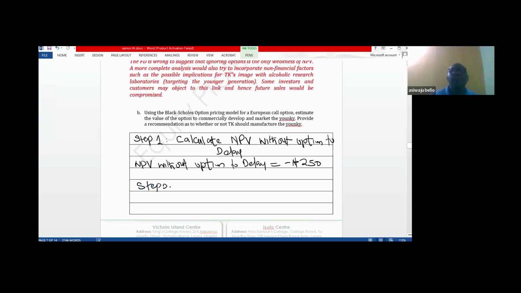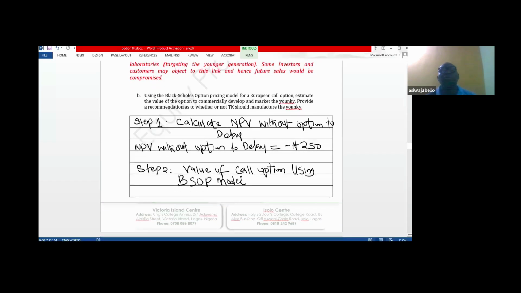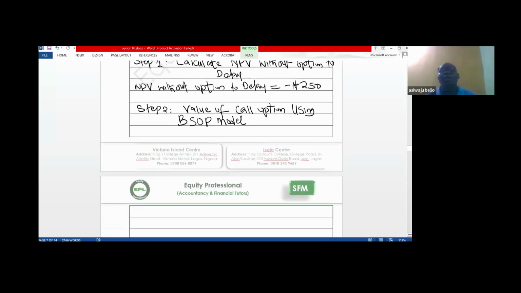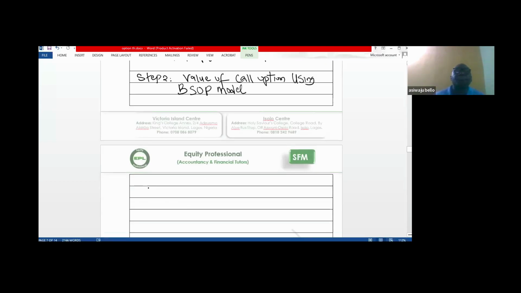Step 2: calculate value of call option using the Black-Scholes option pricing model. What is the formula for call option?